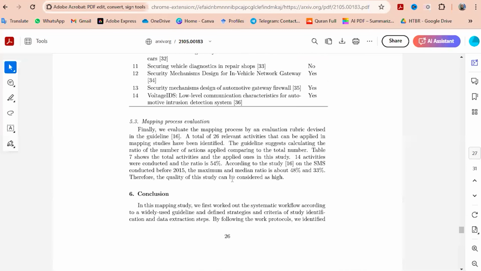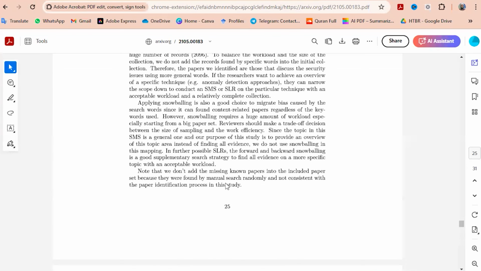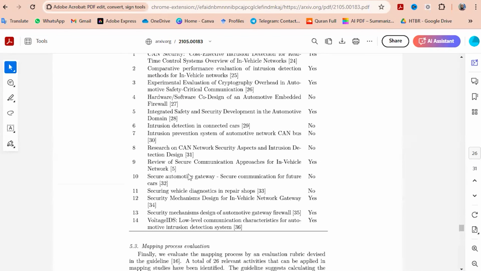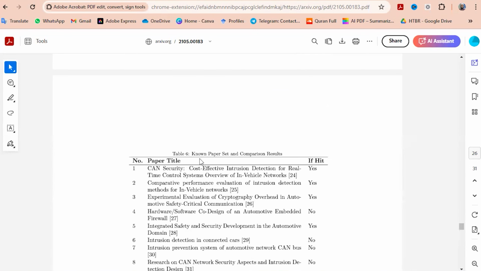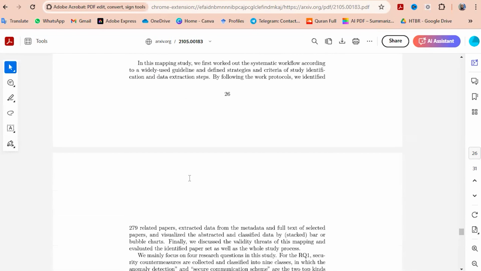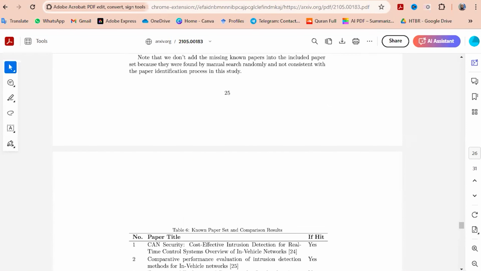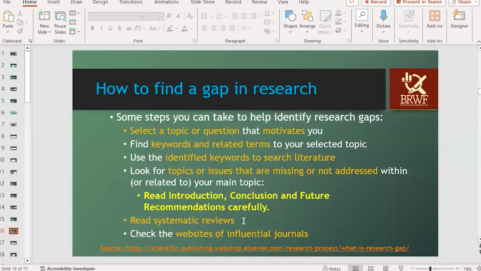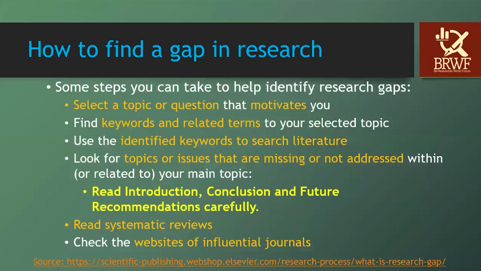This is not a good literature review, I can say, because they did not provide another section for finding the gap. They should provide it. So a mapping study is different, but for your understanding, when you are trying to find a gap, try to find a systematic literature review on your selected topic. Did you get the point?